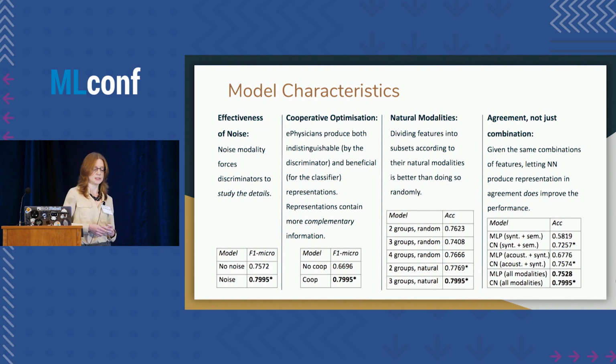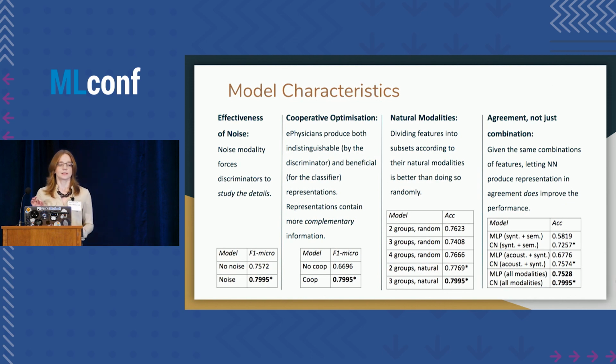And it seems that it is actually the case, because when we use natural modalities, the performance increases by more than 2% over the best performing set of random modalities.